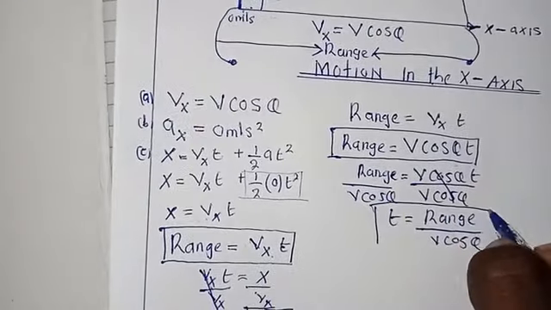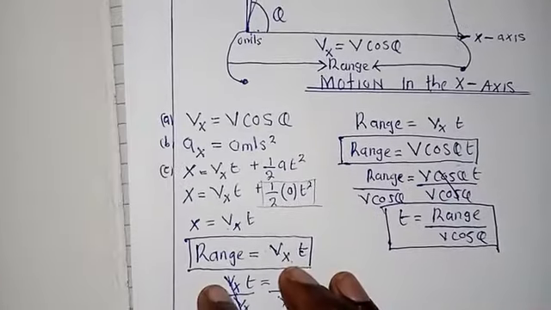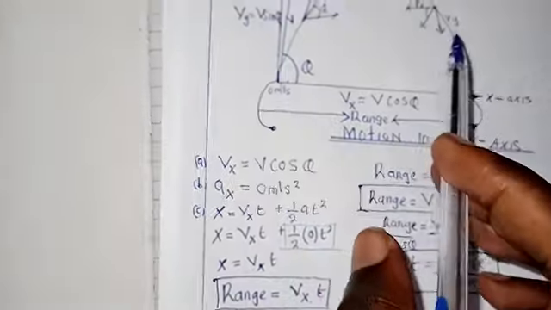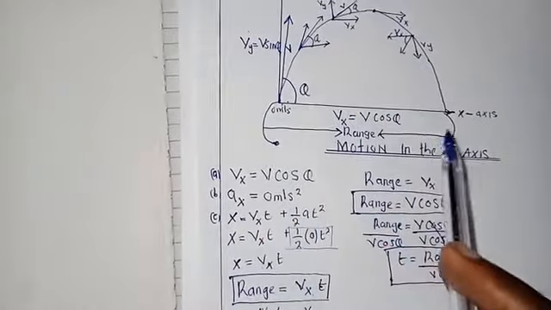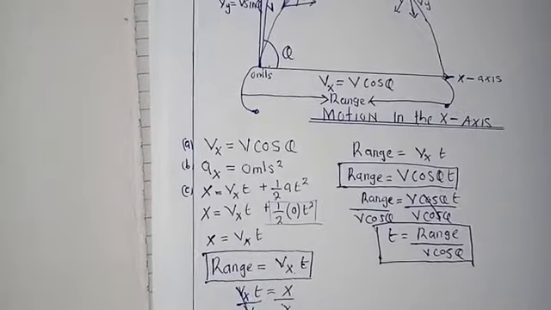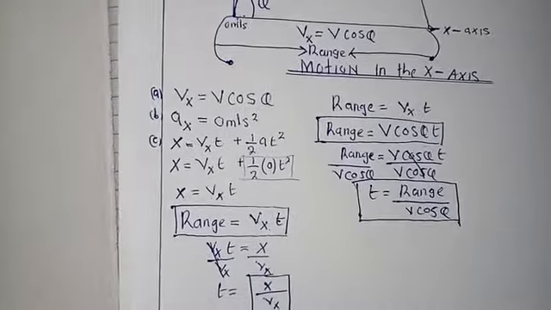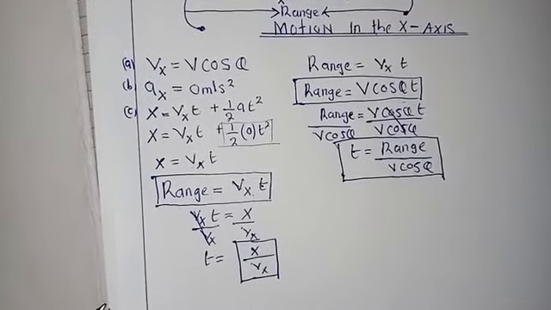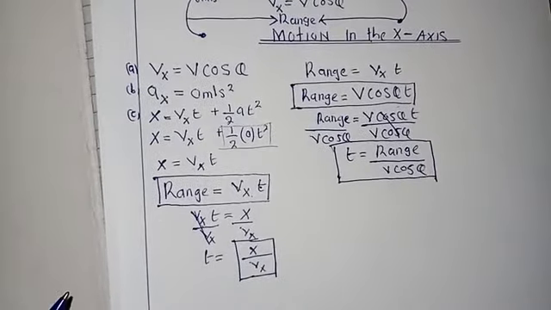So you can find the time it will take for it to move from here to here using this particular motion here. All right, so this is just everything that you have to know about motion in the X. There's nothing more about that because there's no acceleration mainly in the X axis.